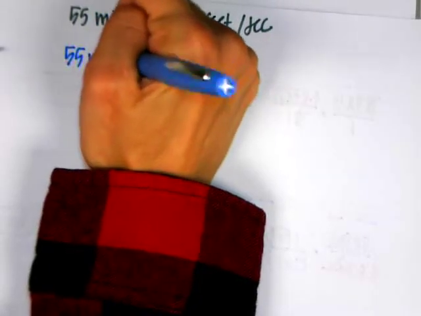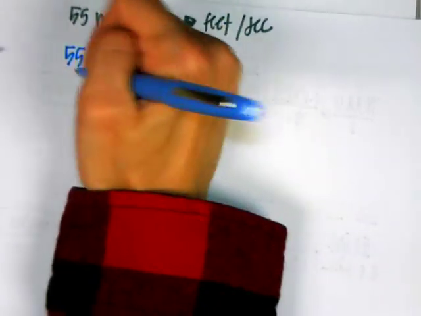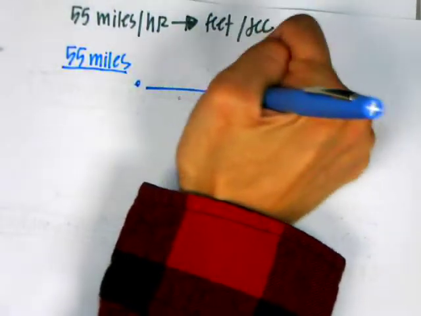So we're going to start with the 55 miles. 1 mile is 5,280 feet.